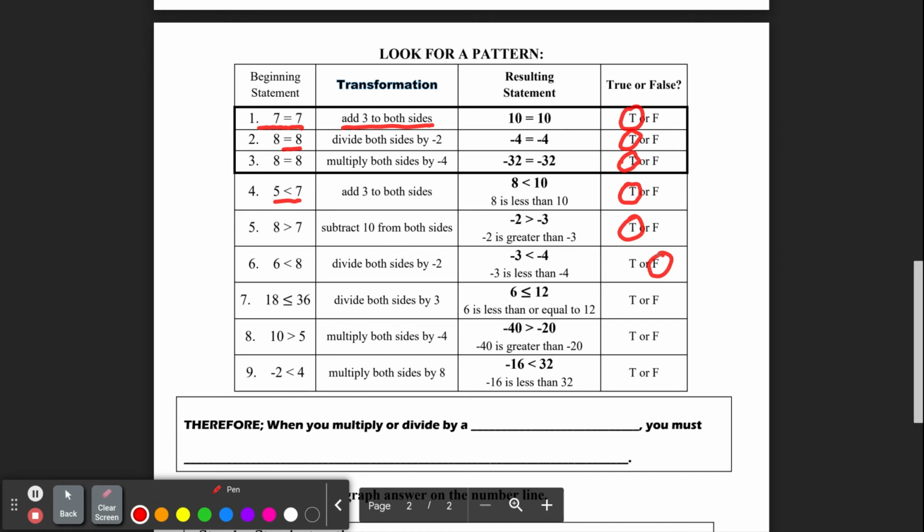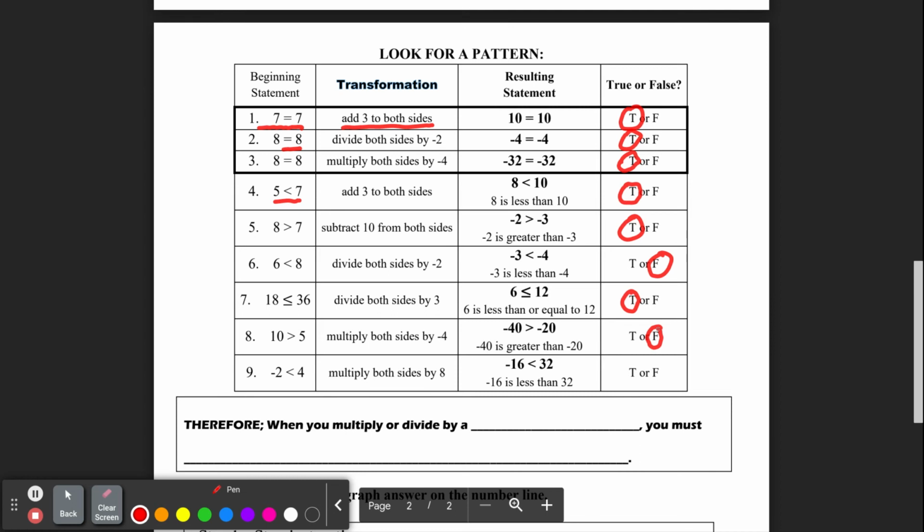Number 7, you start off with 18 is less than or equal to 36. If you divide both sides by 3, 6 is less than or equal to 12, which is true. On number 8, 10 is greater than 5. If you multiply both sides by negative 4, then you get negative 40 is greater than negative 20. This is a false statement.